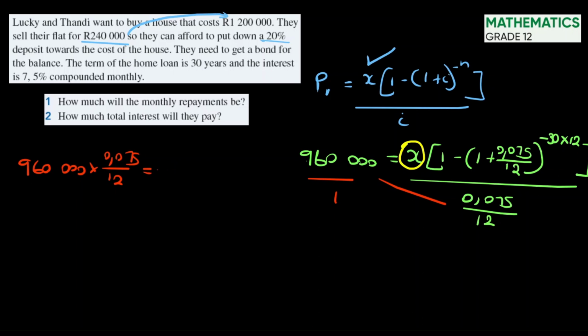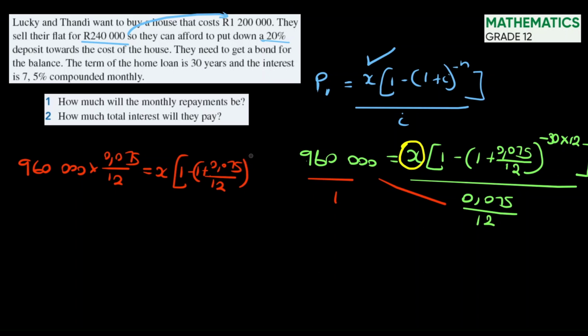And then we'll be left with x times the square brackets 1 minus 1 plus 0,075 divided by 12 to the power of minus 30 times 12. So if you want, you can write it as is, or you can just punch it into the calculator, and then you'll see what answer you get from that.